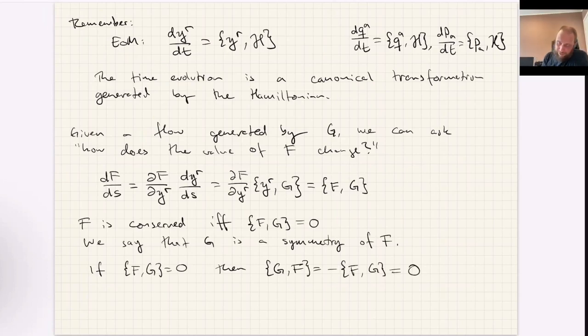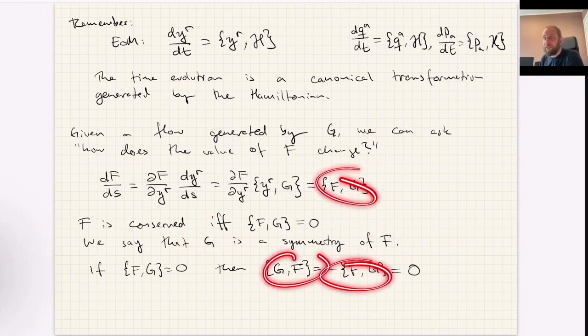So this means that if the flow generated by g is a symmetry of f, then the flow generated by f is a symmetry of g. I'm just exchanging the roles here between f and g.